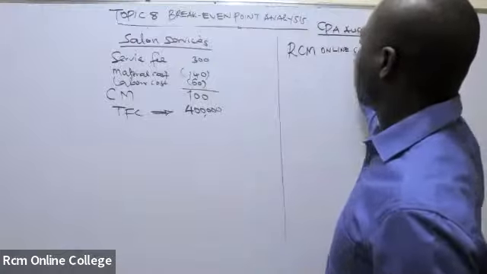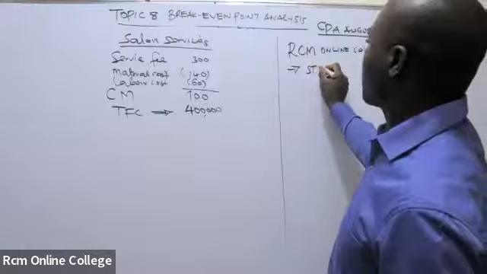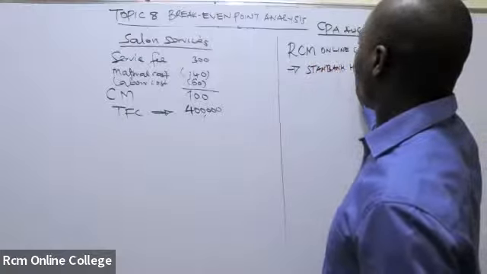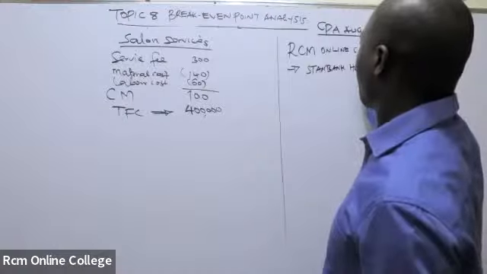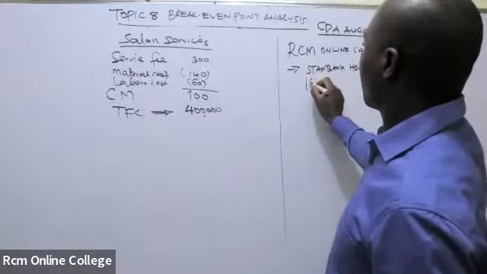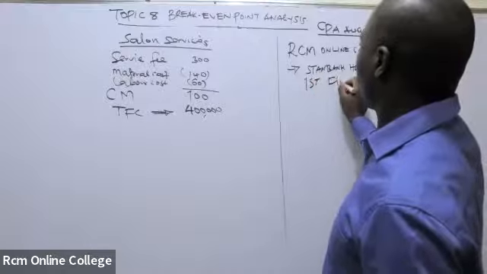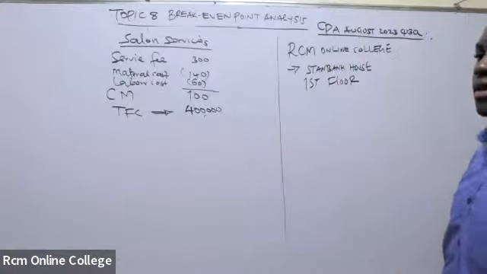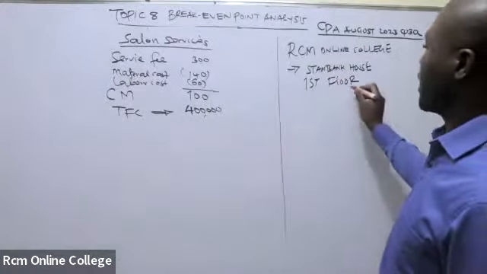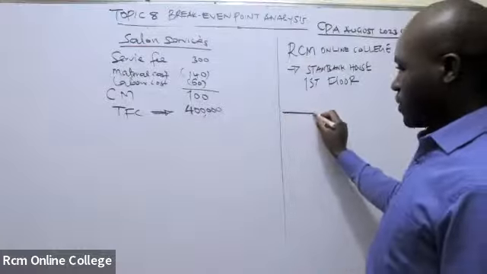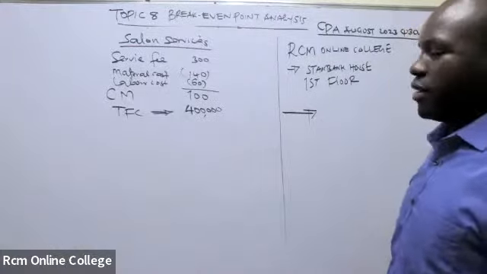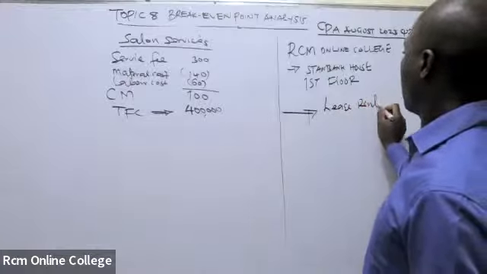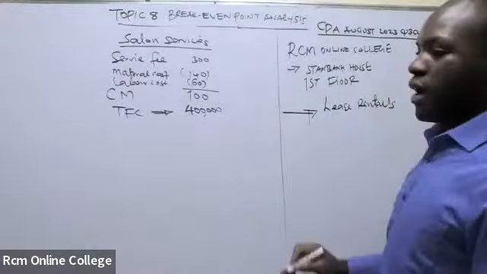RCM Online College has got physical classes at Stanbank House, class 3. So those classrooms, they are paying what we call rentals. And that was an agreement.